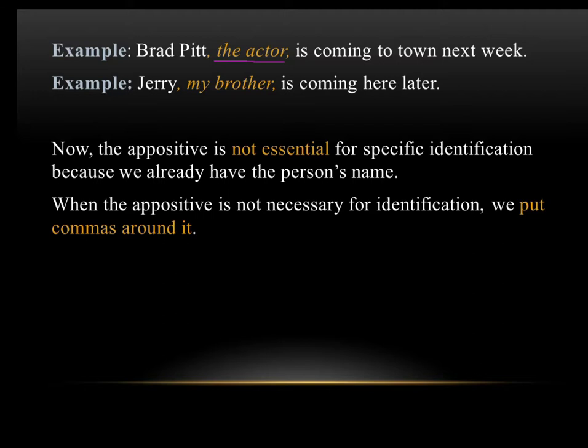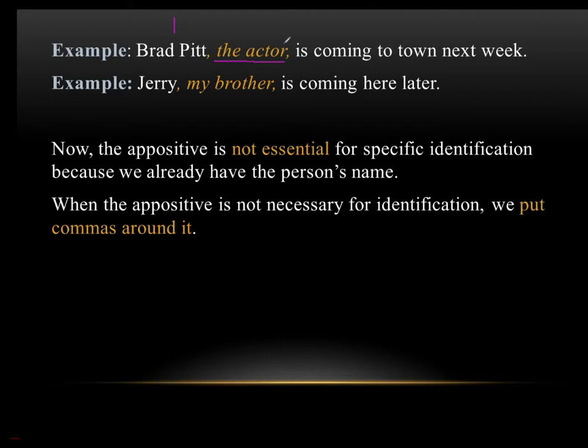My question is this: do I need to know that he's the actor in order to tell you that I'm talking about Brad Pitt? The answer to that question is no. If I have his name right here, then I don't need to know that he's the actor in order to identify that I'm talking about Brad Pitt.